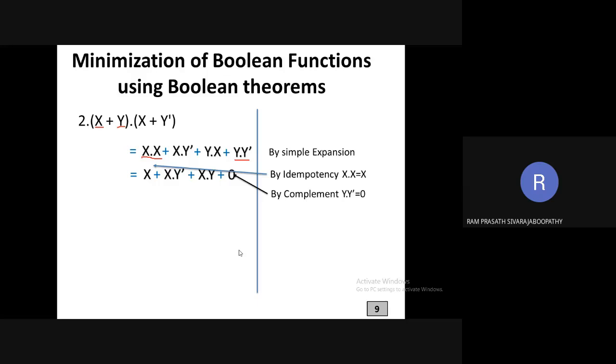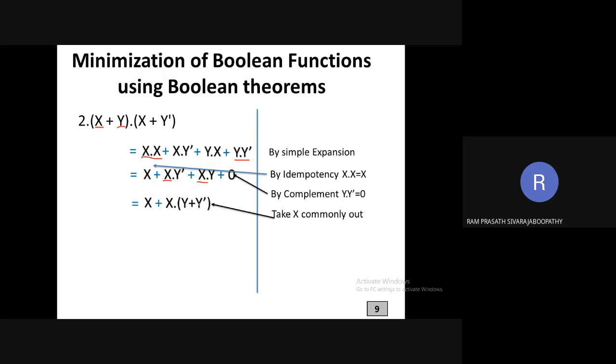Now we are going to rearrange this equation. There are two terms, x dot y bar plus xy. What can be taken as common? We can take x as common, since x is in both. Taking x common, we get y bar plus y, which we rearrange as y plus y bar. Clear?